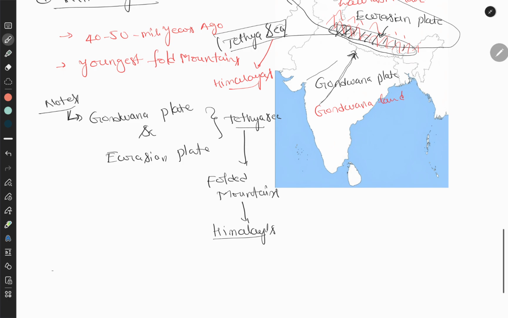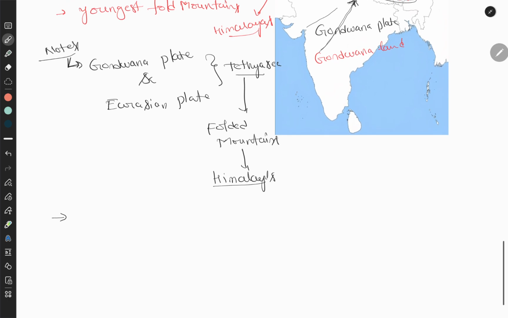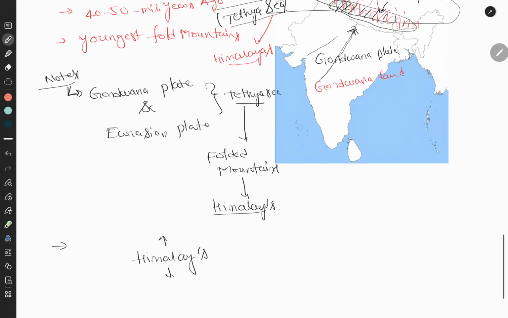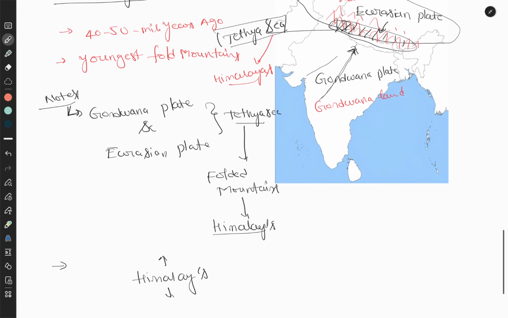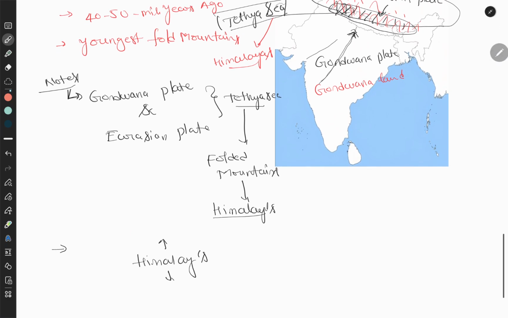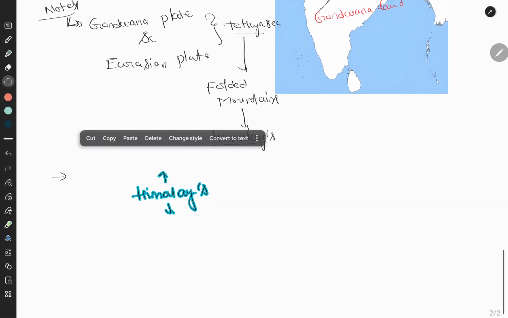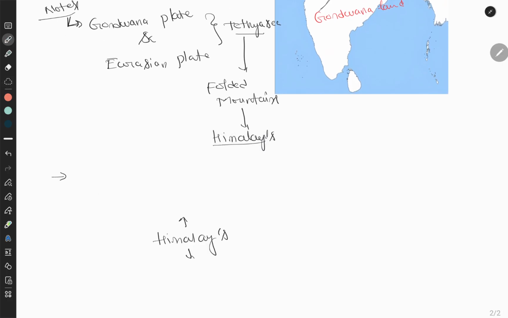The lands in the north part of the Himalayas are called Angara lands or Laurasia lands.